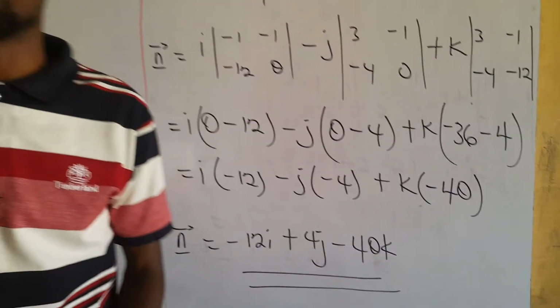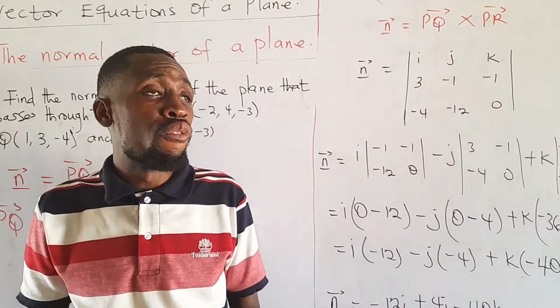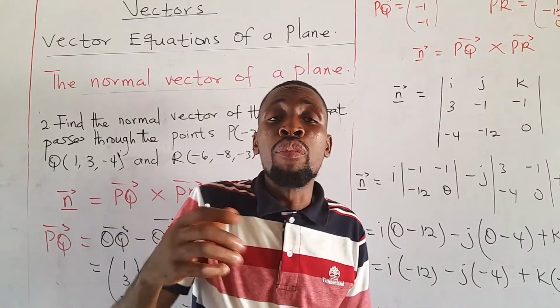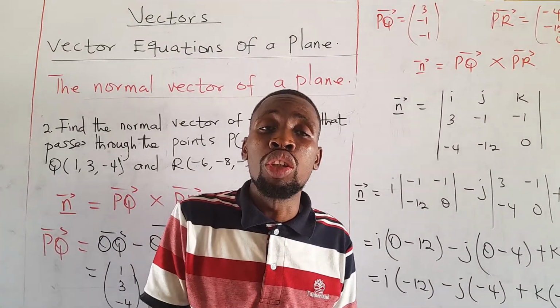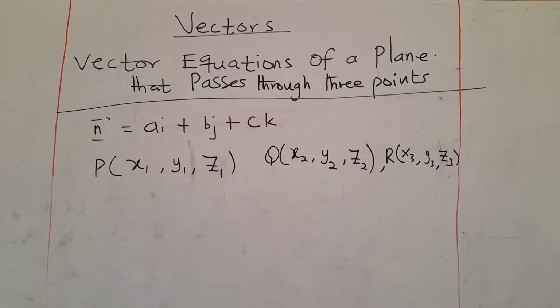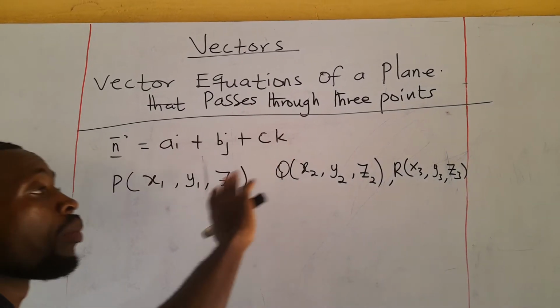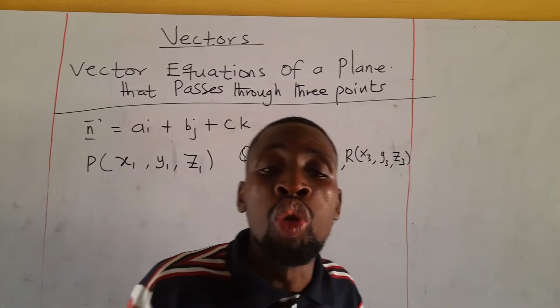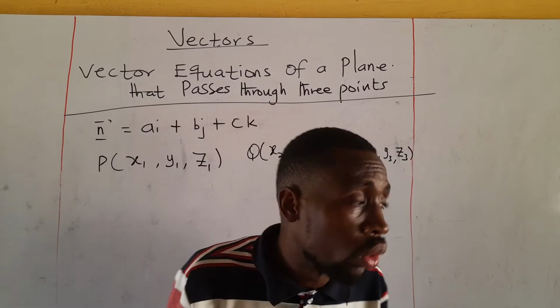Since we know how to find the normal vector of a plane, we can find the vector equation of the plane. So to find a vector equation of a plane that passes through 3 points, you need a normal vector, which we have learned already.